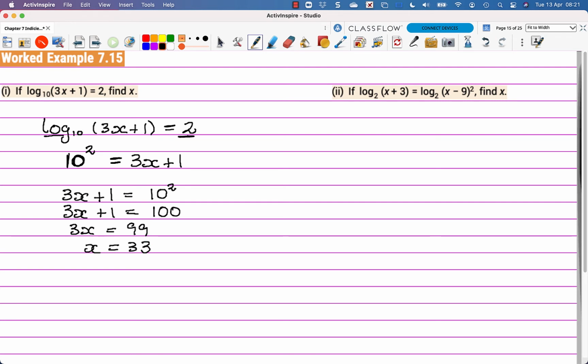Now, when you work out a solution for logs, it's always prudent to go back and make sure that it works by testing it in the original question.